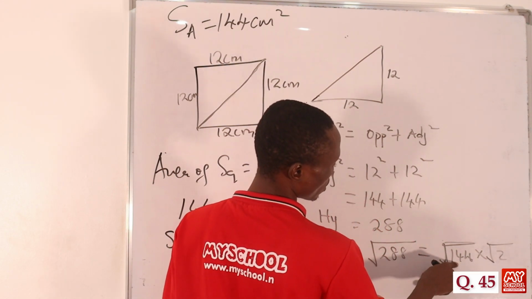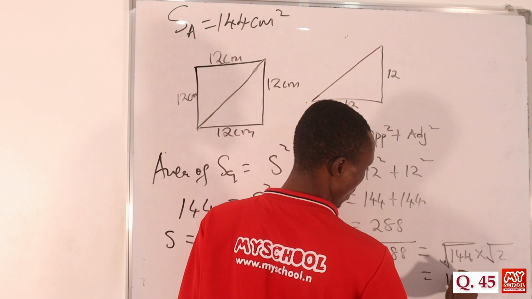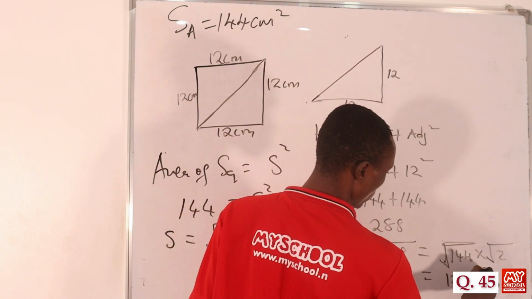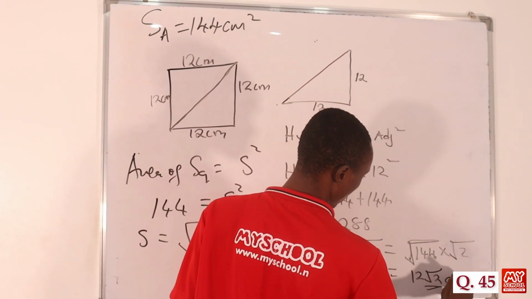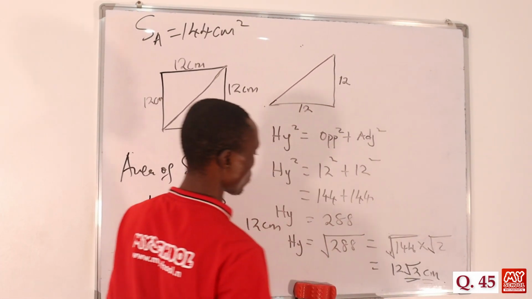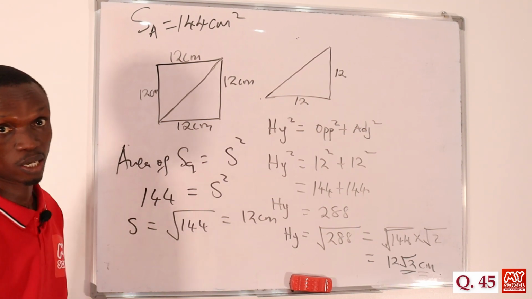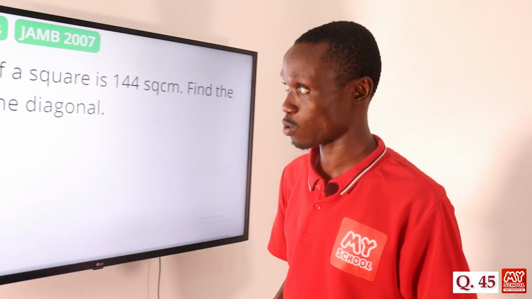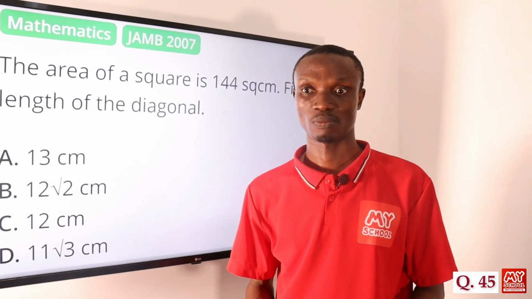And remember that root 144 is the same thing as 12. So at the end of the day, the length of the diagonal is equal to 12 root 2 centimeters. So let's return to the screen to pick the correct answer to this question, and that is option B, 12 root 2 centimeters.